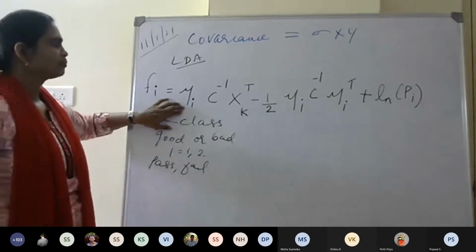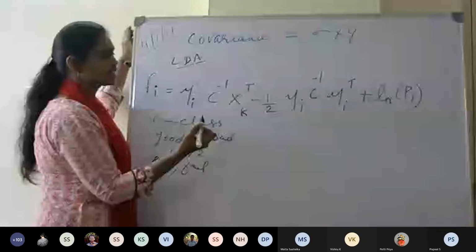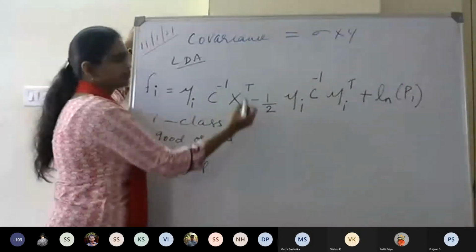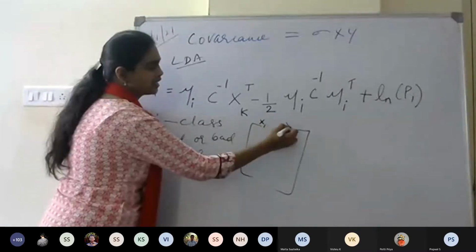Okay, so given a set of data, suppose I am assuming 2 parameters. Okay, I assume 2 parameters, say my feature 1 and feature 2. I have 2 features only. Let me assume like that. Okay.